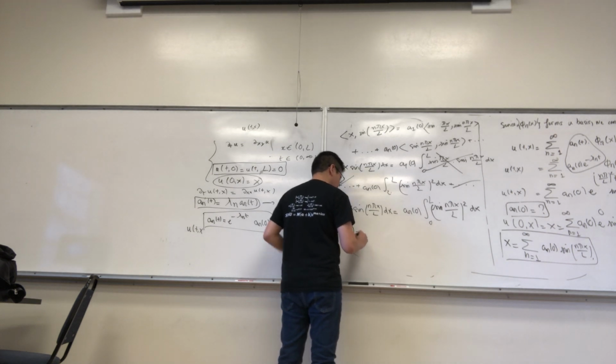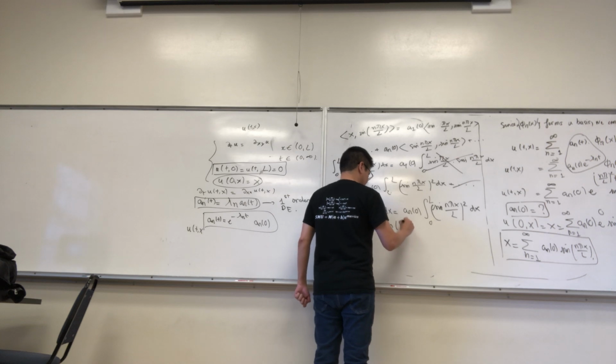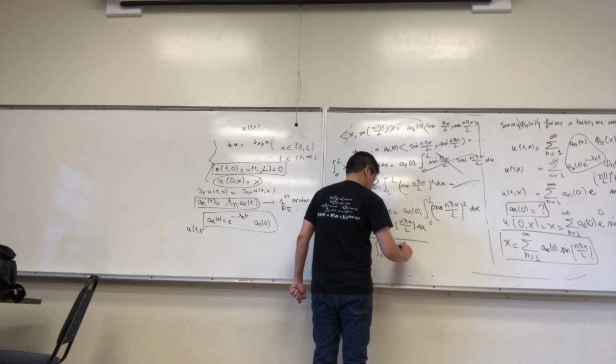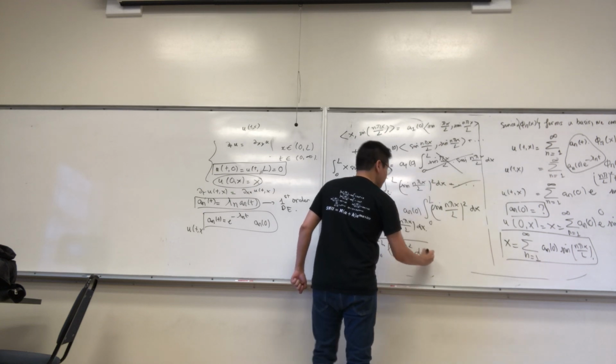Right, so now I can compute a_n0. a_n0 will be the integral from 0 to L of x sin(n pi x over L) dx divided by the integral from 0 to L of sin squared of (n pi x over L) dx. Whichever x is in the numerator.